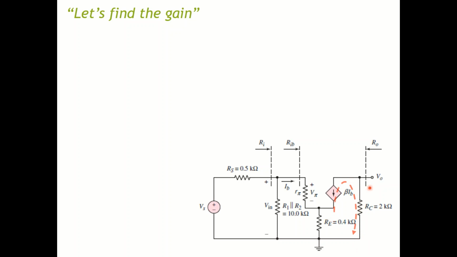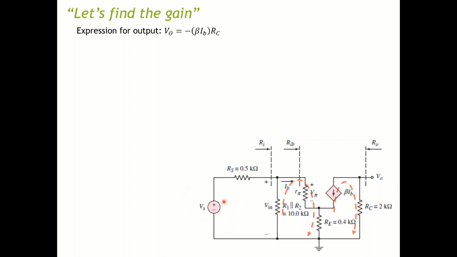We know that the output voltage, we can use Ohm's law for the current going through this collector resistor in here. So you can write your output voltage as negative beta IB multiplied by RC.